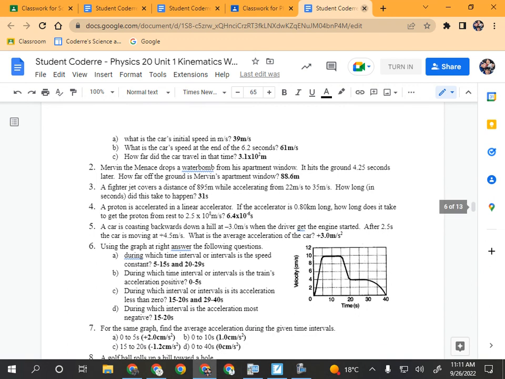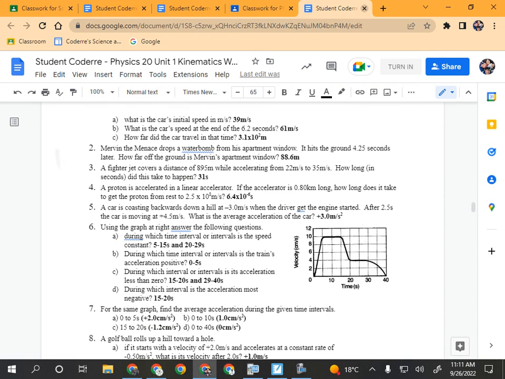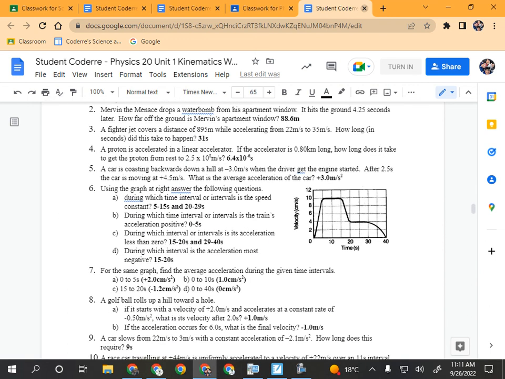Okay, we are looking at page 6 here. So start on question number 2. Don't worry about question number 1. It's so poorly worded that I'm just going to skip it. It's a lot like the first one we did here. It seems like it doesn't give you very much information, but it really does. And the answers are there in bold, so you can check them as you go.